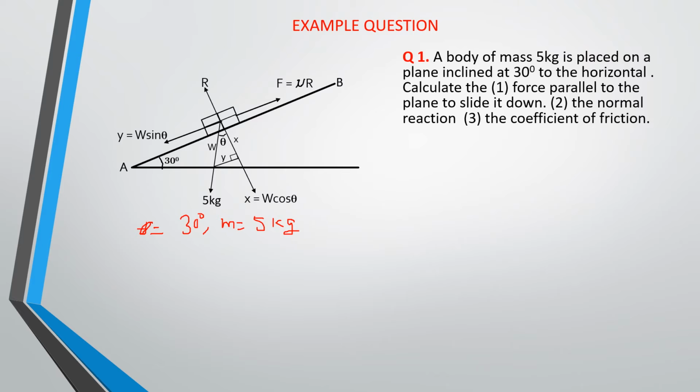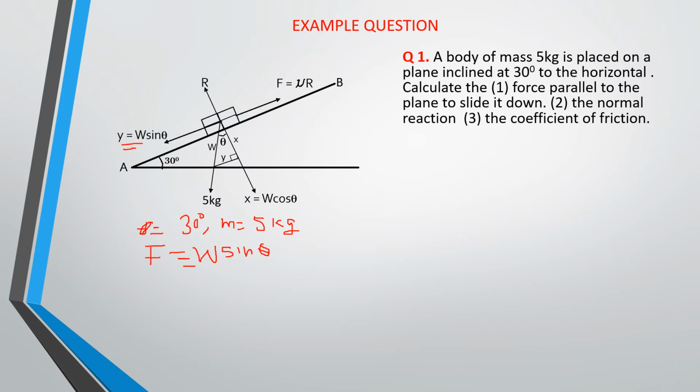From our previous discussion, we said that the force parallel to the plane is this, right? So the force parallel to the plane, which is the first question, F parallel to the plane is equal to what? W sine theta.